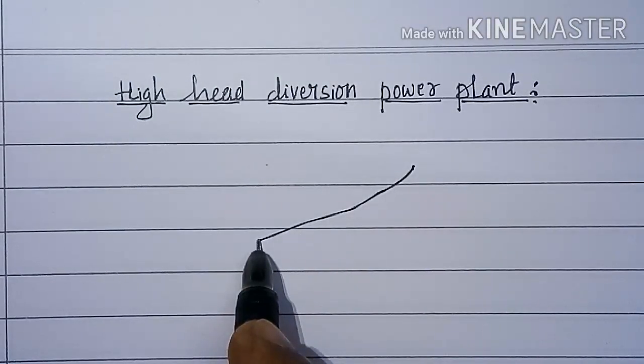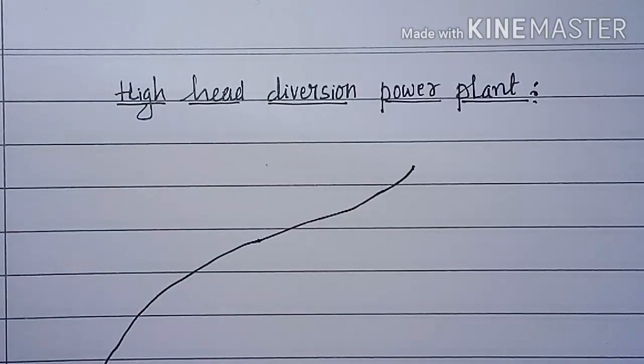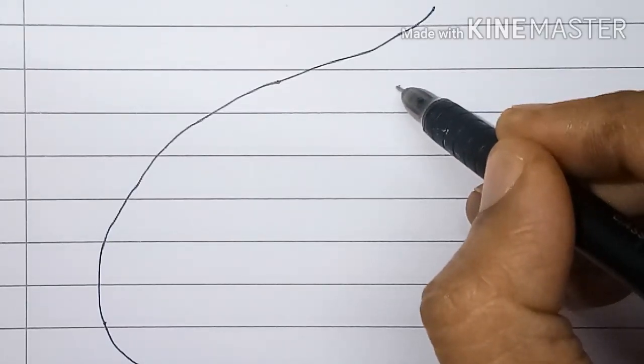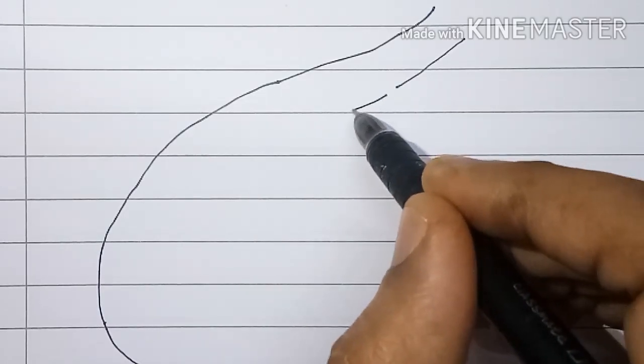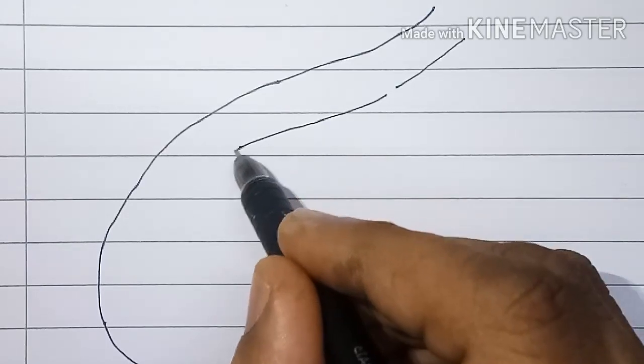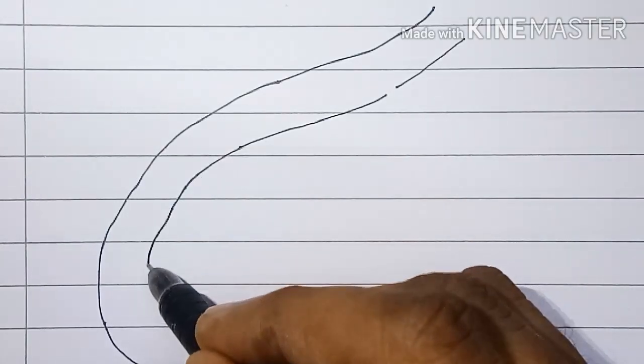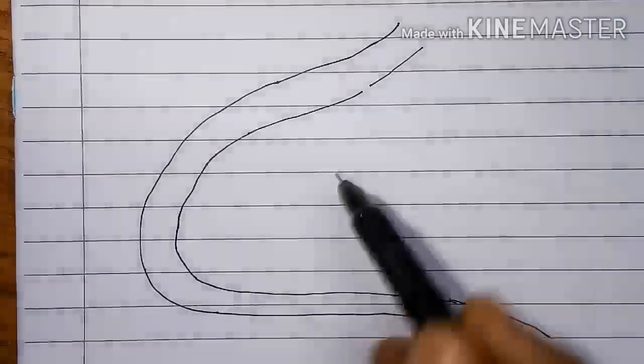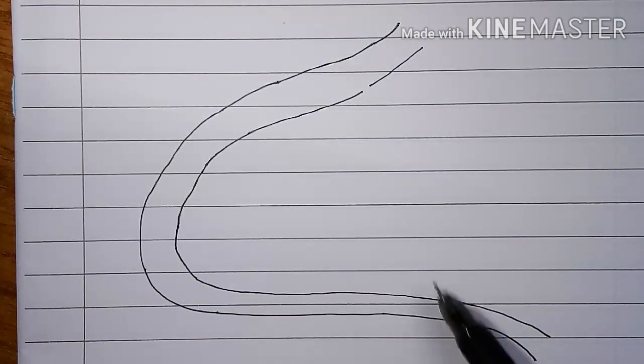Say it is main river flowing in some hilly area. And you can see that the river is taking a turn here. You can call it as U-turn.